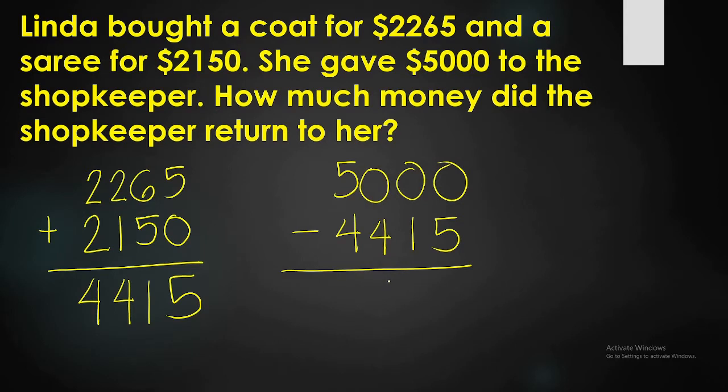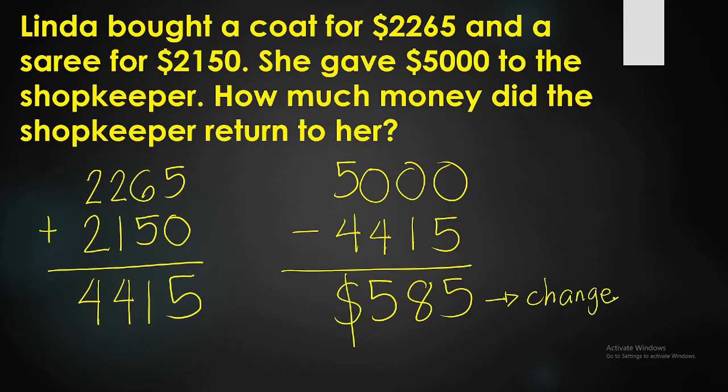Again, how much? 585. There you go. This will be the change. The change. That's the change. Isn't it that the money is returned by the shopkeeper, and that is the change for the one who bought? Okay? So there you go.